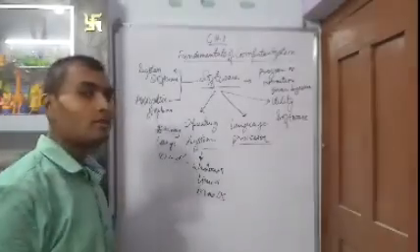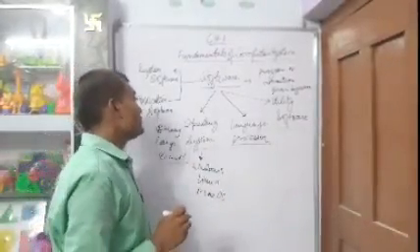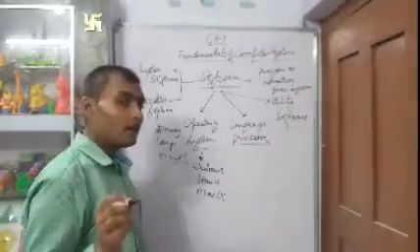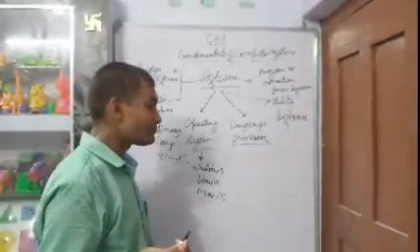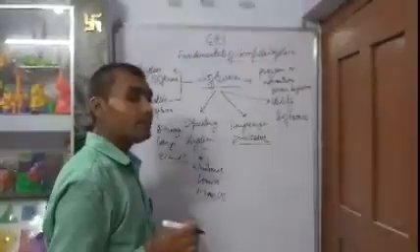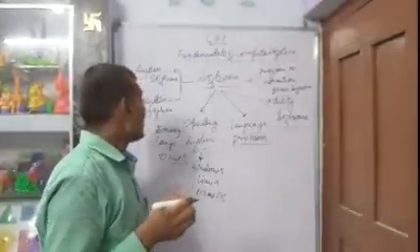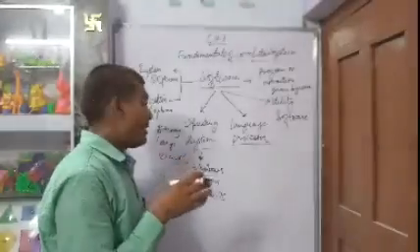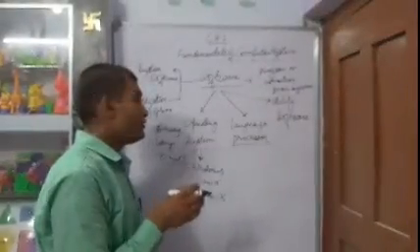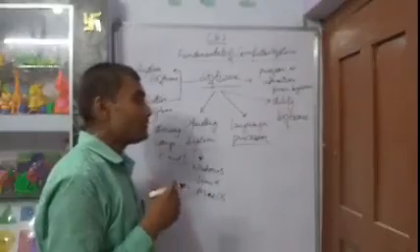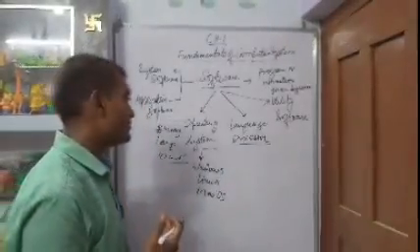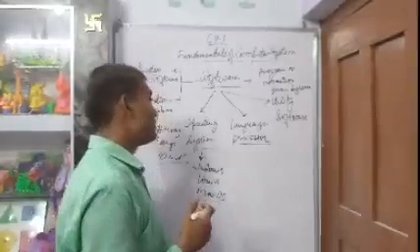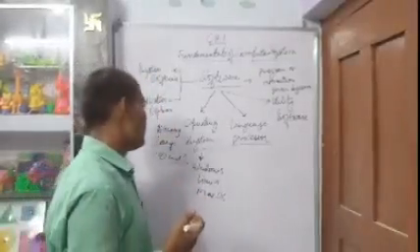Language processors are those devices which convert our language into binary language, that is machine readable language or machine code, from source code to machine code.